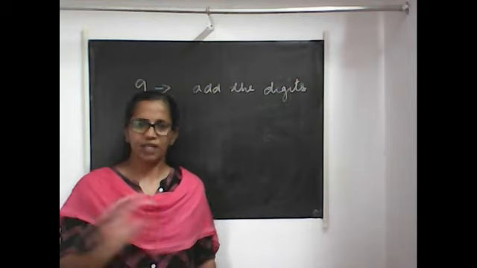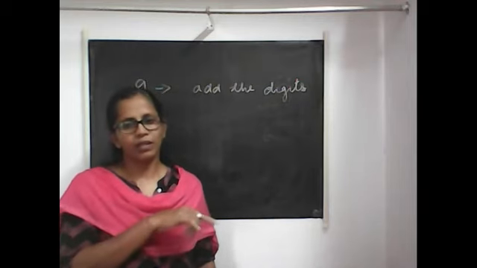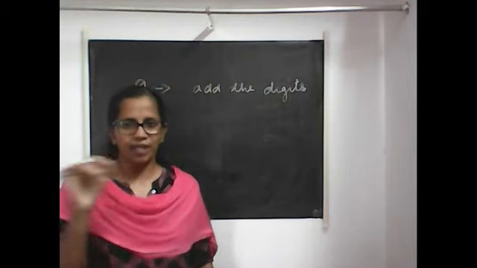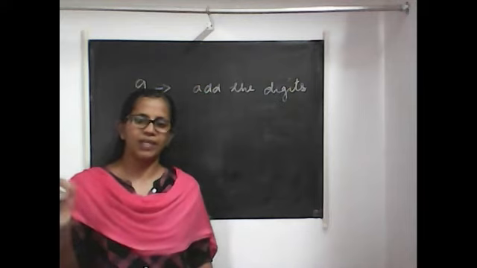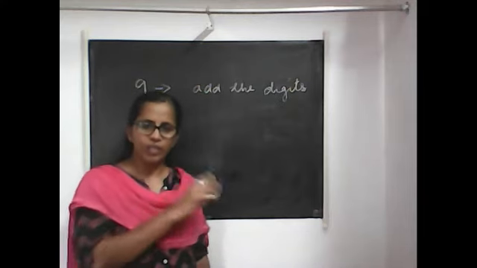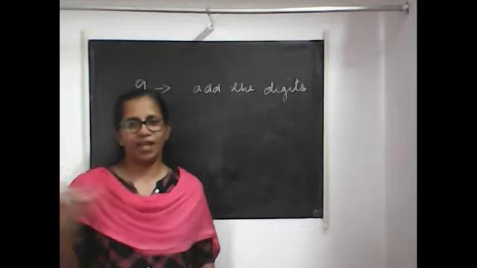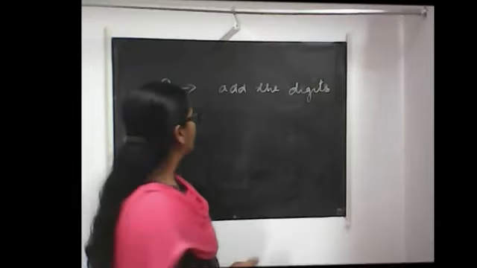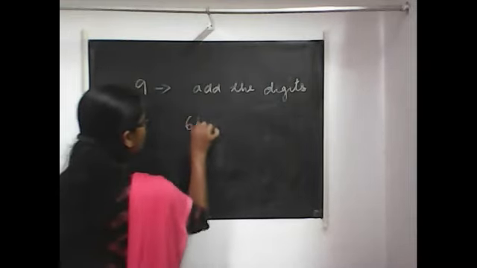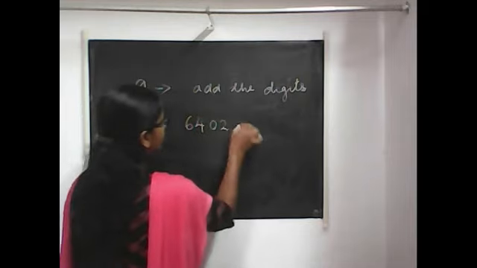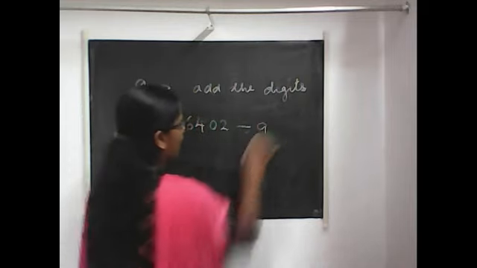Just like 3, the same. There we are adding the digits, getting the sum and checking that the sum is divisible by 3. Here we are checking whether the sum is divisible by 9. Let us prove that with an example: 6402. Is it exactly divisible by 9?